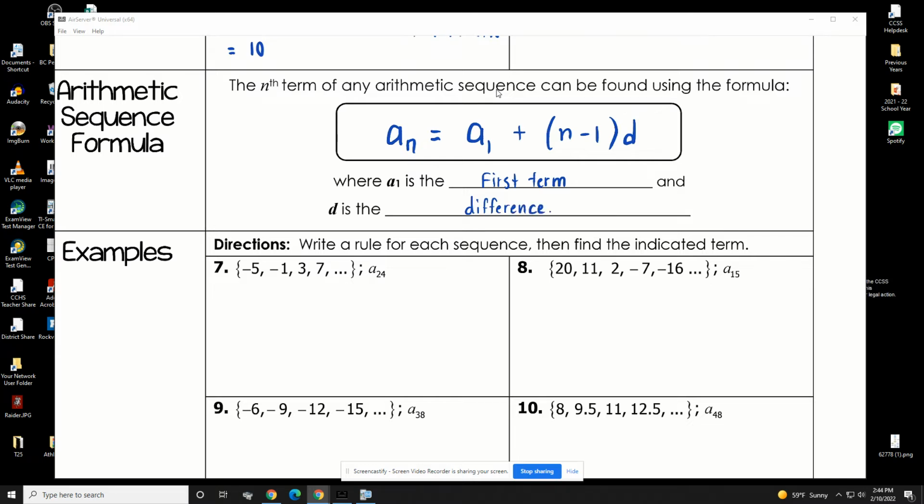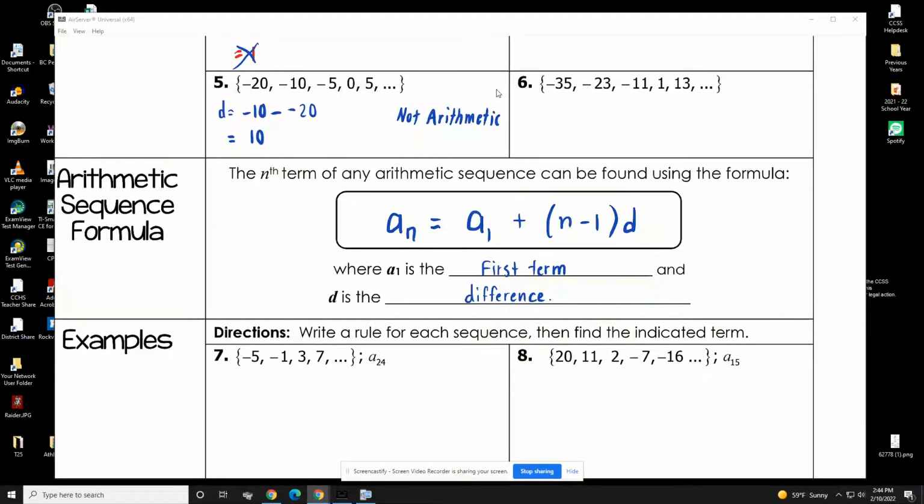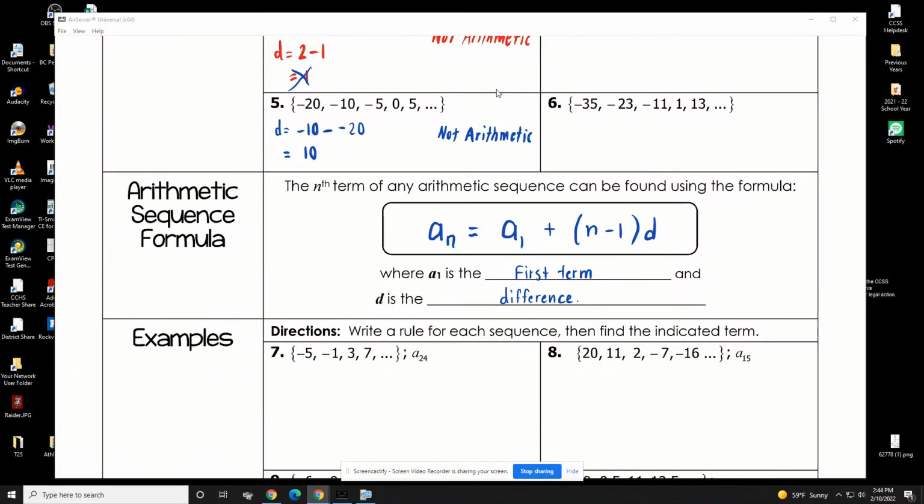Okay? So that is how we can write a specific sequence's formula. And this only works for what? Arithmetic. So if we know that something is arithmetic and we see what that sequence is doing, we can find that common difference, then without a doubt, we can write the equation for it.